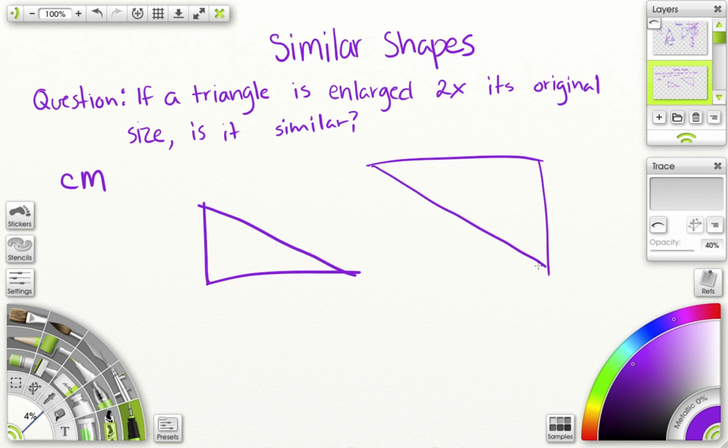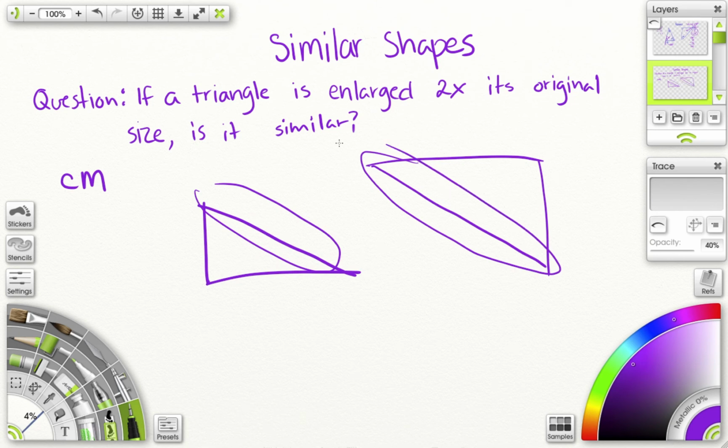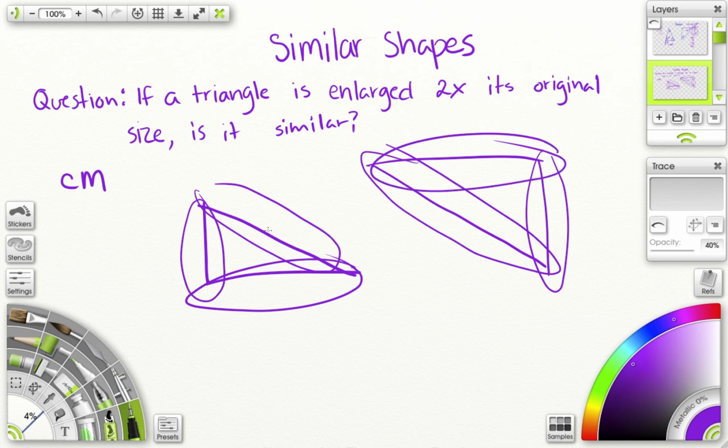You have to find the side that corresponds, as in the side that matches up to the enlarged version. So we have to find the same sides. The long sides are pretty easy to identify. We have our shorter sides, this one here and this one here. They're both the shortest sides of those two triangles, and these ones here are both the medium ones. And that's how you can figure that one out.